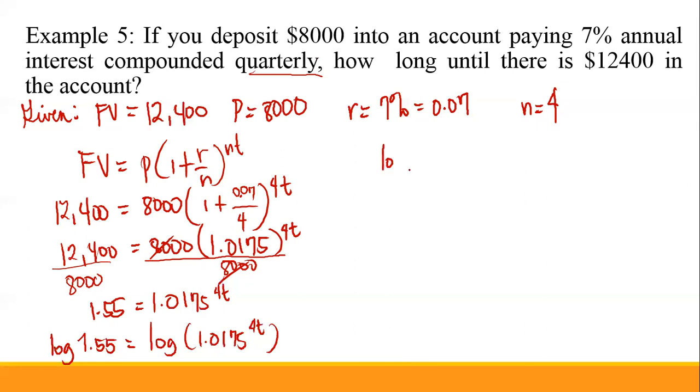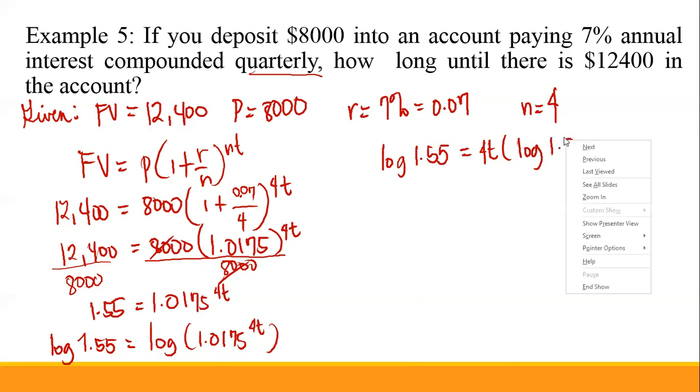Using property 5, log 1.55 equals 4t times log 1.0175. Wait lang. Sorry, nababa na pala natin ito.